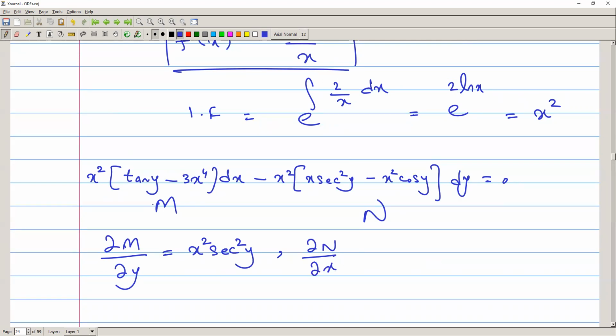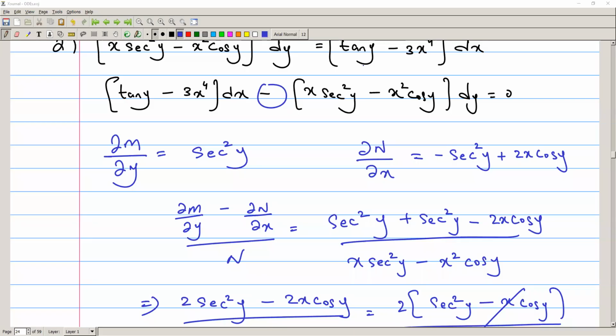So what we will get here is partial N over partial x.